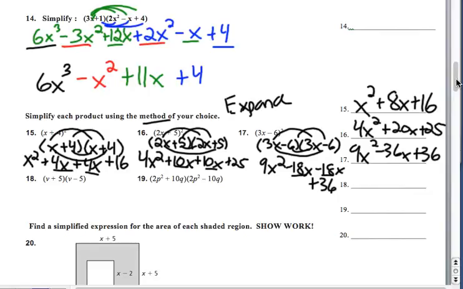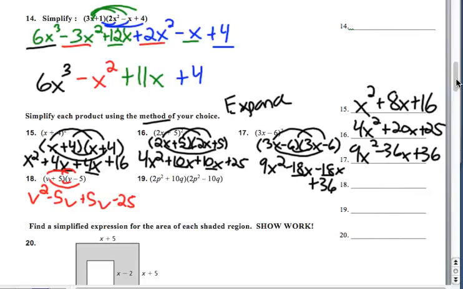Now these next couple are a little bit different. These are already written out in a way that you can see that you're meant to FOIL, but something neat happens when they differ by that sign. So watch this. V times V is V squared minus 5V plus 5V minus 25.